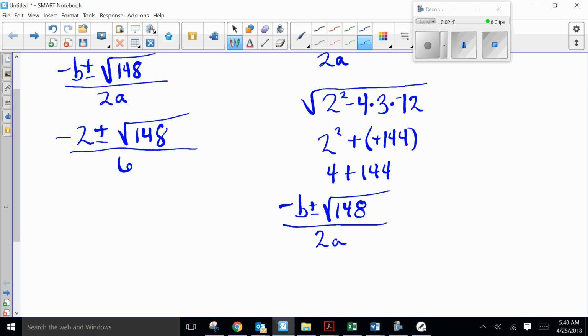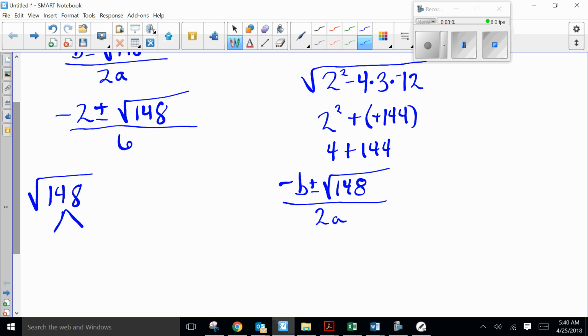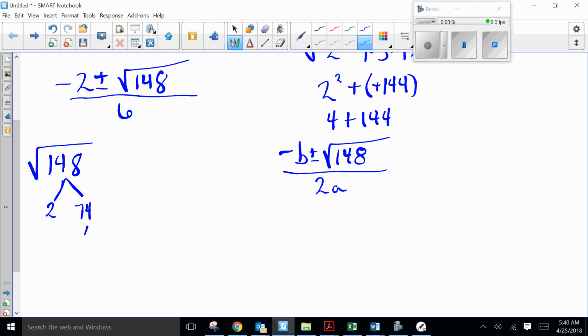But I also can simplify my square root of 148. So square root of 148, let's break that down. I know I can break it down to, well, at the very least I can break it down to 2 times 74. And then we could break that down some more.